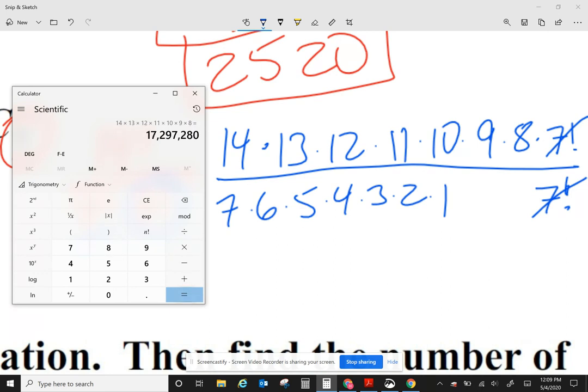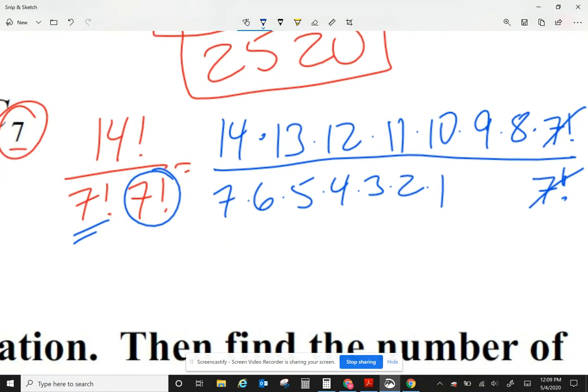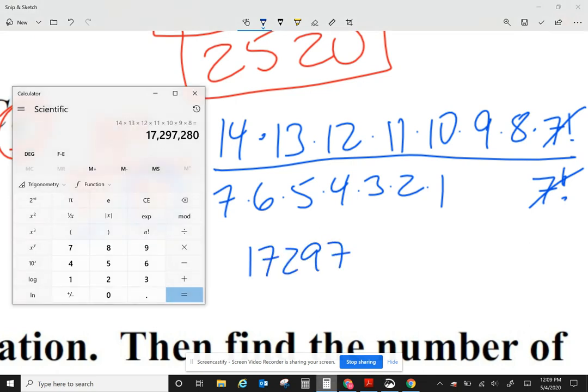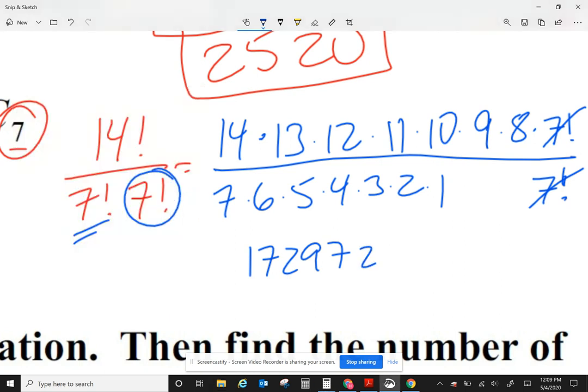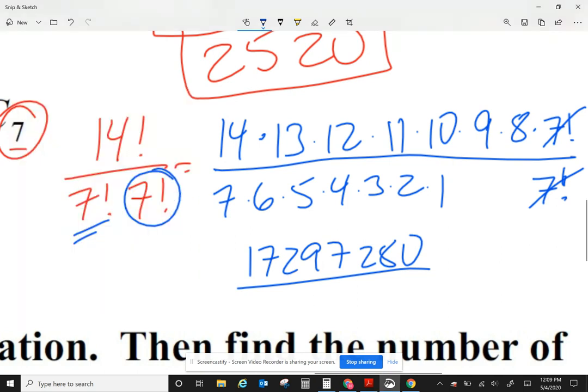So on the top, I have 17,297,280 over. Okay, what do I have at the bottom? I have 7 times 6 times 5 times 4 times 3 times 2, which is 5,040. So I have 5,040.